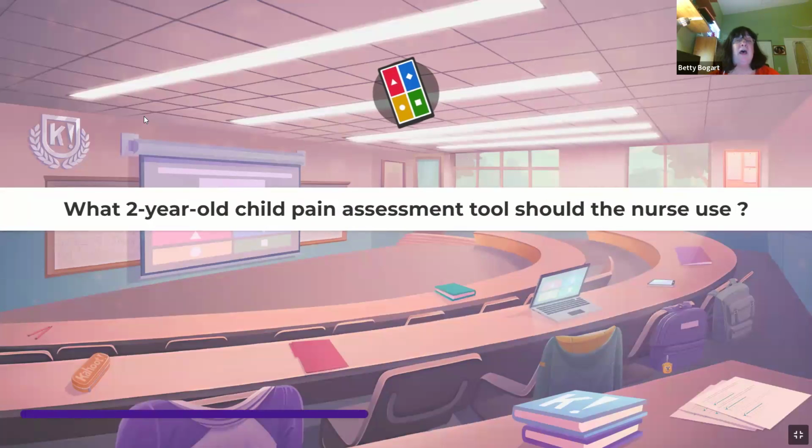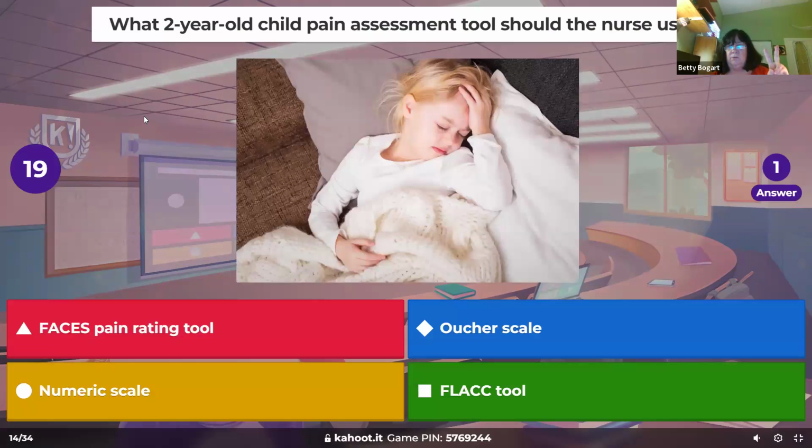What 2-year-old child pain assessment tool should the nurse use? Kids 2, what do you use? Remember we've talked about numeric, age 8 and higher. We talk about Oucher, it's just one of those scales that we use, but I don't give you ages on that. We give you faces at age 3.